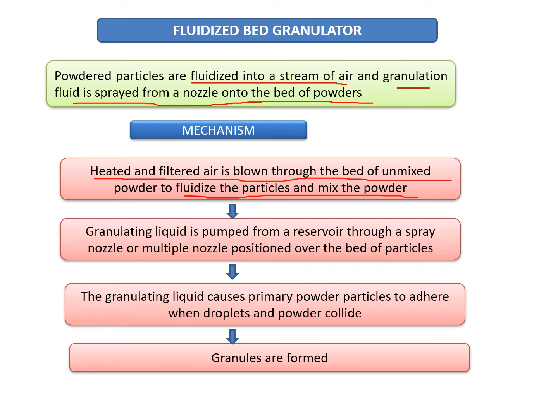Then the granulating liquid is pumped from a reservoir through a spray nozzle or multiple nozzles which are positioned over the bed of the particles. This granulating liquid causes primary powder particles to adhere when the droplets and the powder collide. So when the liquid collides with the fluidized particles, granules are formed due to the adhesion.